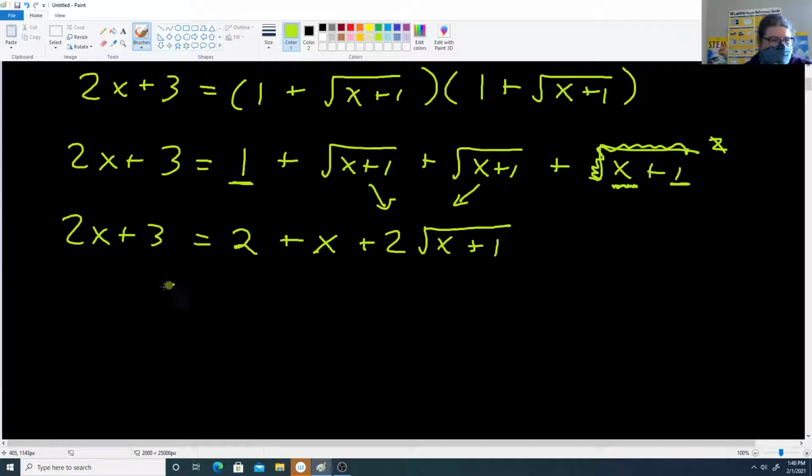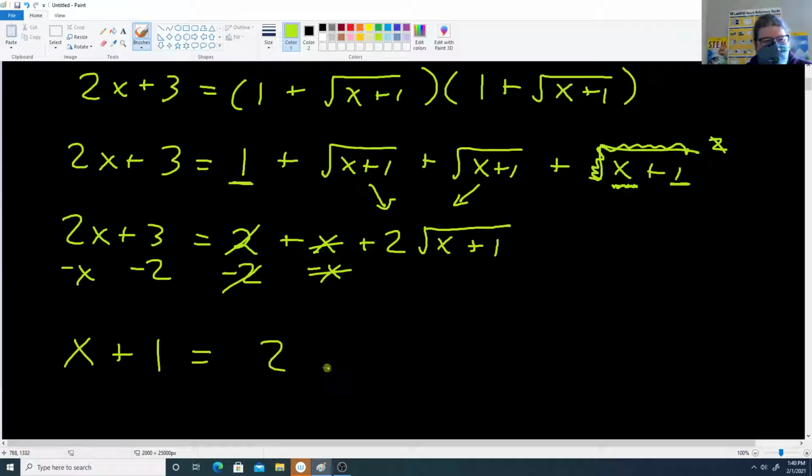So now I need to subtract terms across the equal sign to re-isolate the square root of this part here. So 2x minus x is a single x, 3 minus 2 is 1. That equals 2 times the square root of x plus 1. So we'll re-square both sides of the equation.